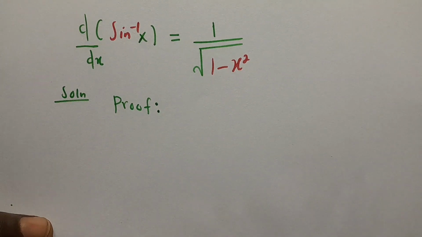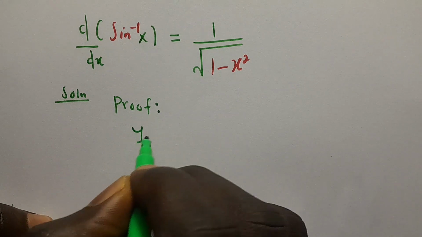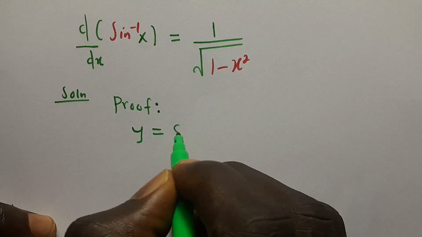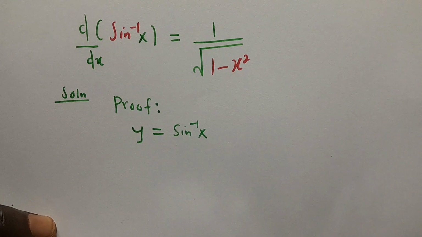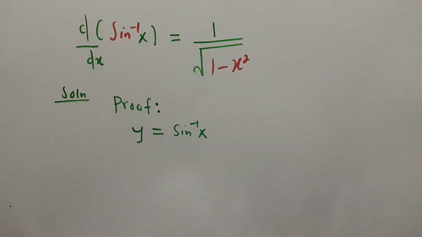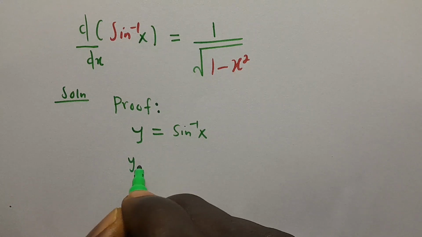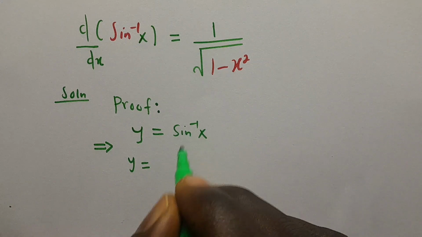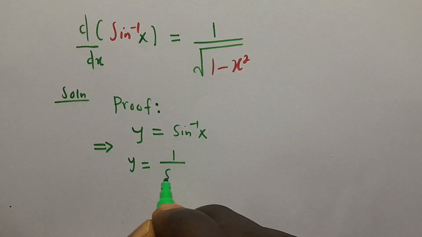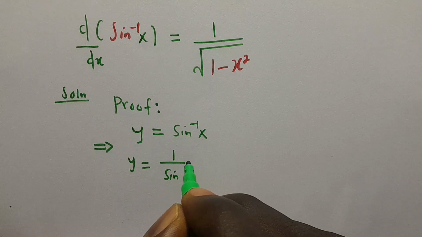From the above we can see that our y simply equals sine inverse of x. So with this we can say y equals 1 divided by sine multiplied by x.